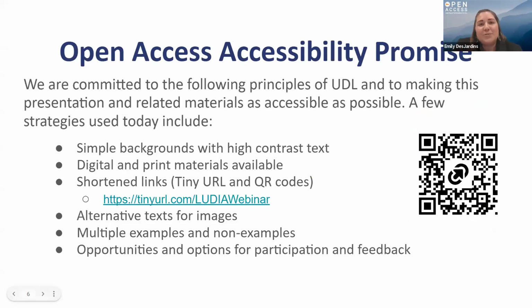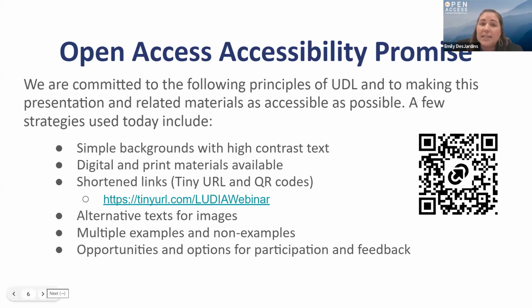At Open Access, we have an accessibility promise, and we try to do our best to make sure that all of our presentations and resources are as accessible as possible. Some things you might see today are simple backgrounds with high contrast text. When possible, we like to have digital and print materials available, so please feel free to print out anything on that home base document if it's easier for you to access.